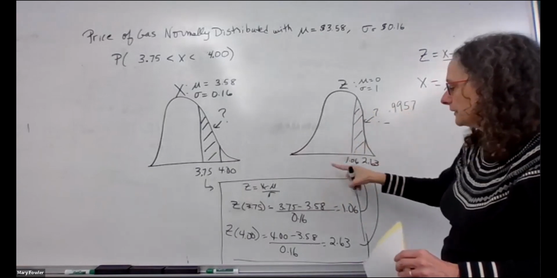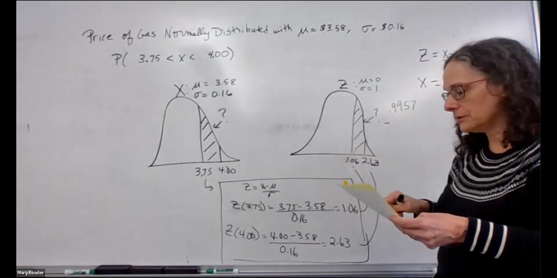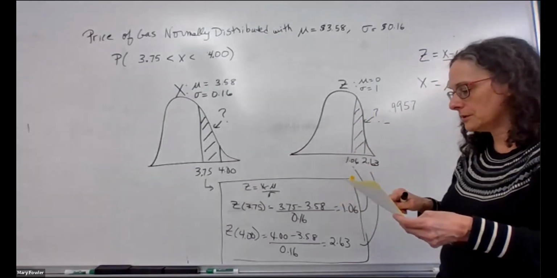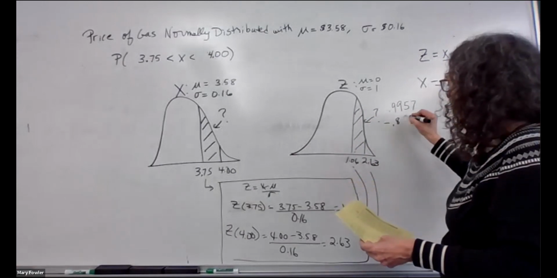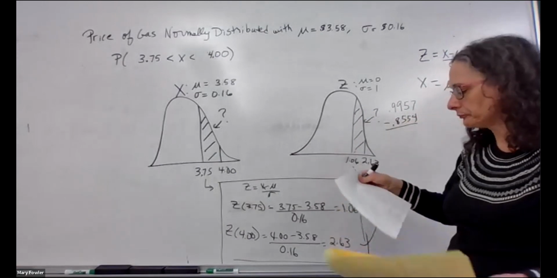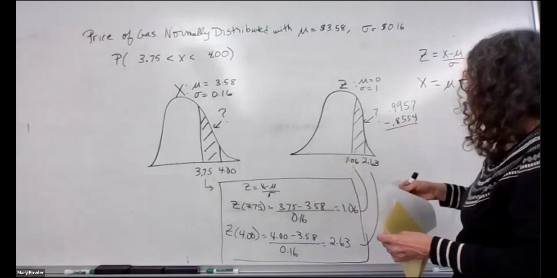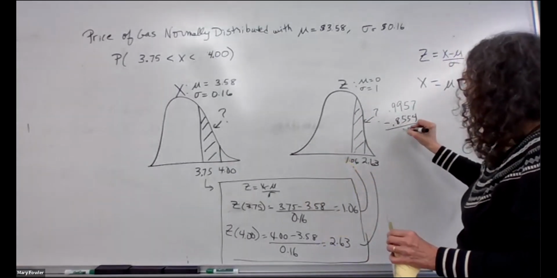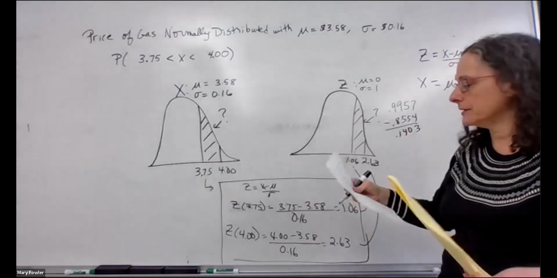And then the area to the left of 1.06 is 0.8554. And now we're going to subtract. Let's see what we get. 0.1403. Yes.